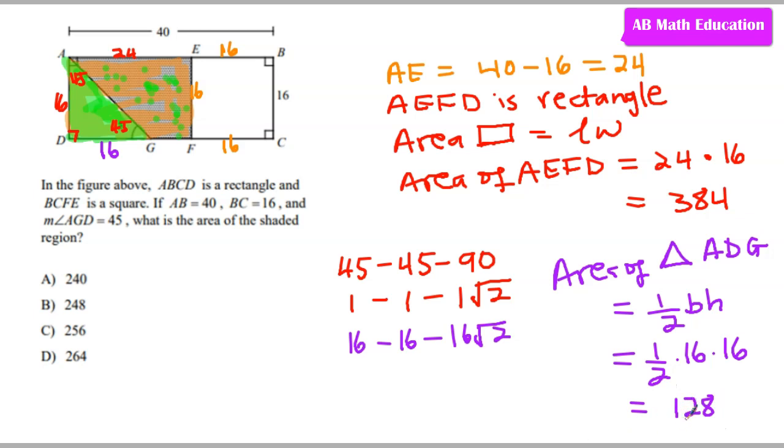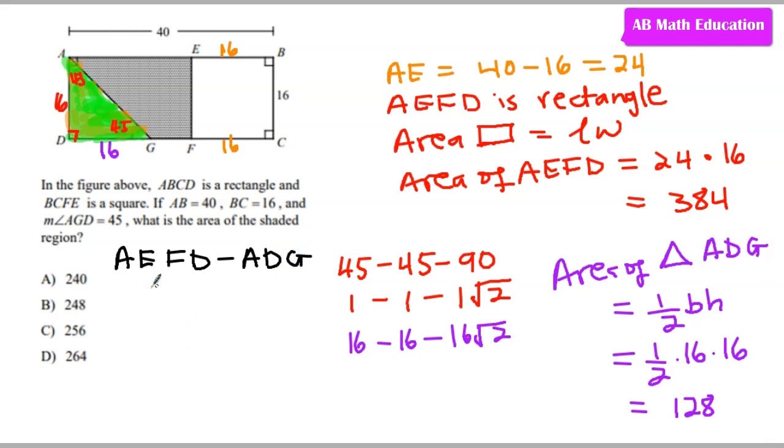Now what we have to do is subtract this from that to give us this shaded portion here. So for us to get that shaded region, it's just going to be the rectangle AEFD minus the triangle ADG.